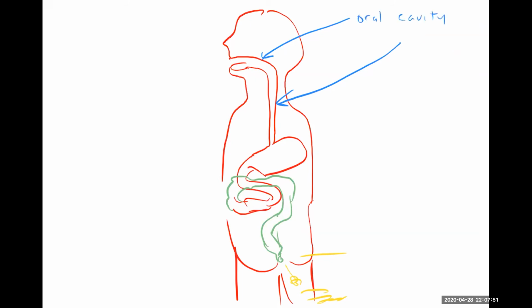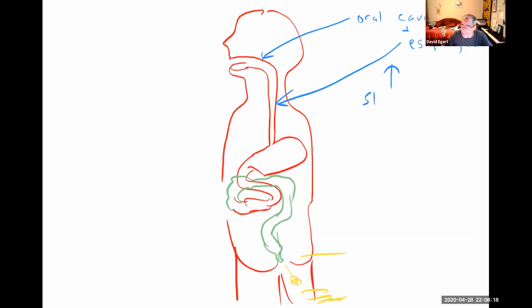Stratified squamous epithelium. Exactly. So both of these are places where the food is really rough. It hasn't really been processed, and you're chewing like some scratchy toast or Captain Crunch, so both of these have stratified squamous epithelium for their mucosa.